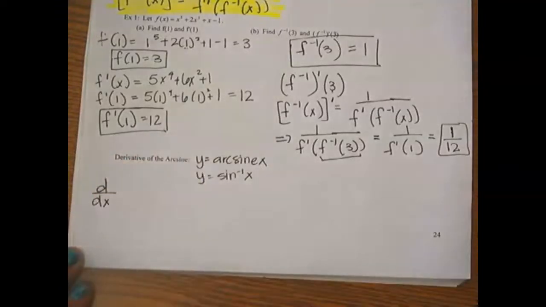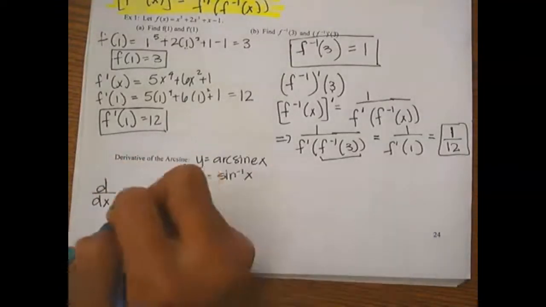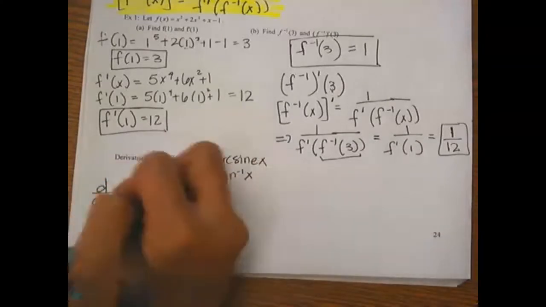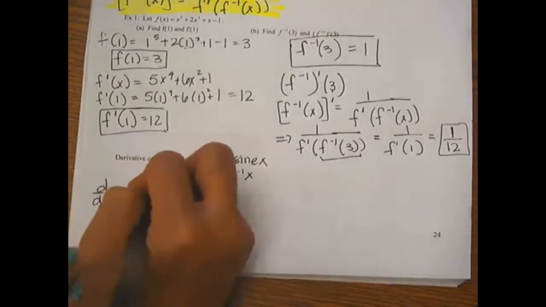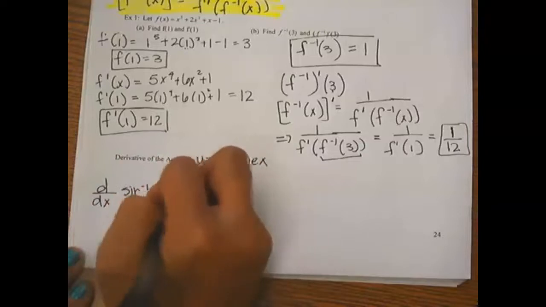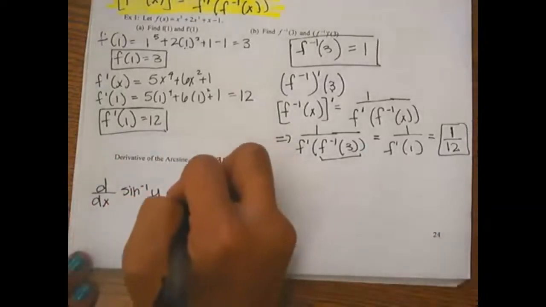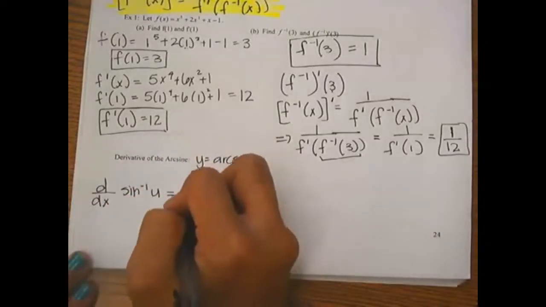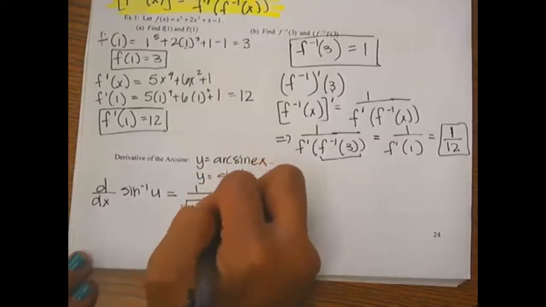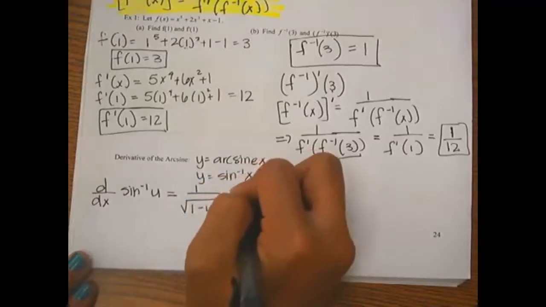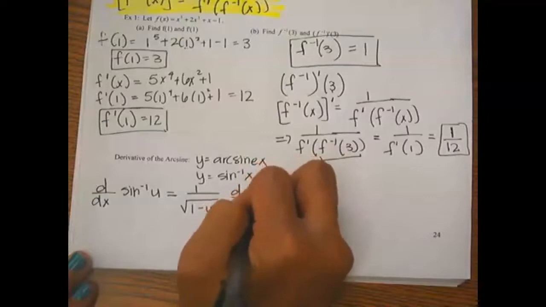The derivative with respect to x of sine inverse of u is 1 over the square root of 1 minus u squared times du over dx. Okay?